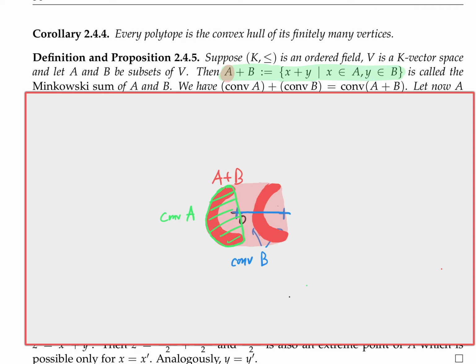Well, let's prove it. Yes, I guess I prove it in the proof. Okay, so we will prove it. And this Minkowski sum is particularly interesting for convex sets, actually.